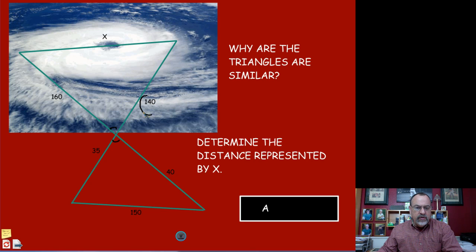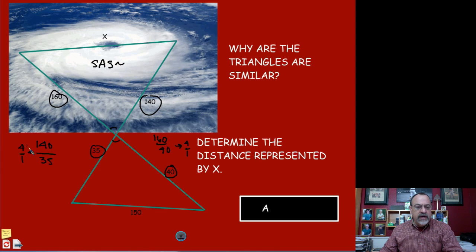So then if I know that this side here, which is 140, over its corresponding side, which reduces to 4 over 1, if that's the same ratio as this side over this corresponding side, which also reduces to 4 to 1, I know these two triangles are similar by the SAS similarity postulate or theorem.